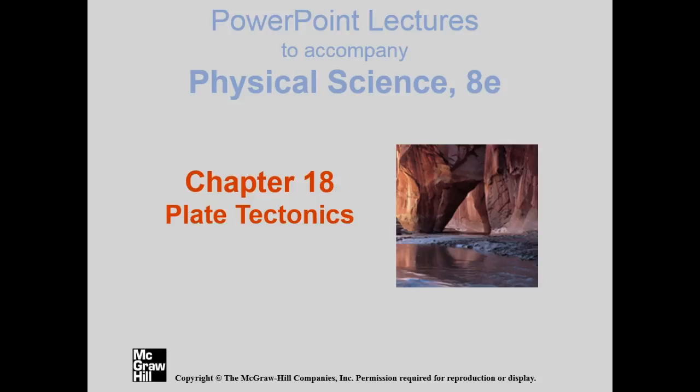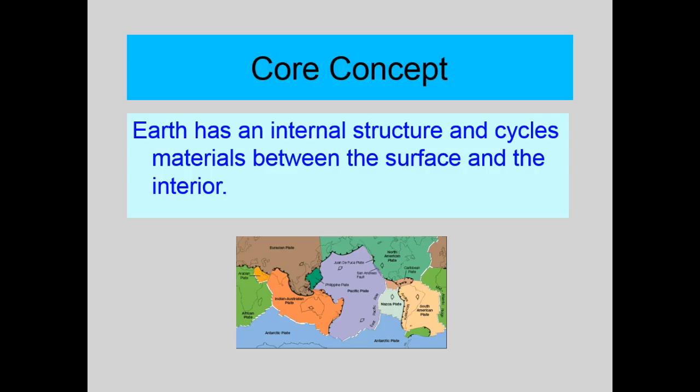We've already been talking about it when I mentioned Yellowstone, when I mentioned spreading and colliding and stuff. It's all plate tectonics. Here's the core concept. Earth has an internal structure, and here's that word again, cycles materials between the surface and the interior. It's basically almost talking about the rock cycle again, but not just the rock cycle.